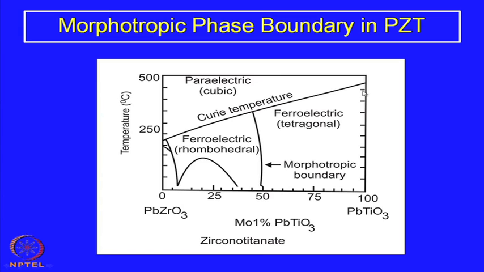Incidentally, the Curie temperature of lead titanate is very close to 500 degrees, whereas that of lead zirconate is only less than 250 degrees centigrade. So, this is the variation of the Curie temperature, and this is the polymorphic phase transformation, that is ferroelectric rhombohedral to ferroelectric tetragonal, and that is what we designate as morphotropic phase boundary.